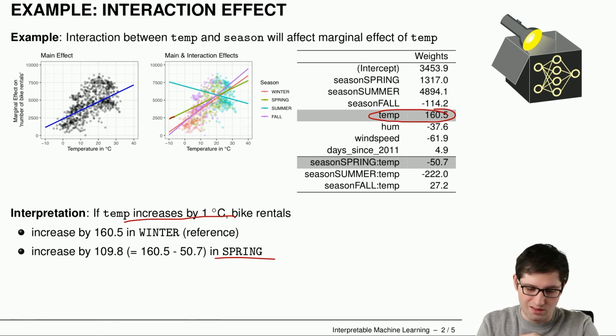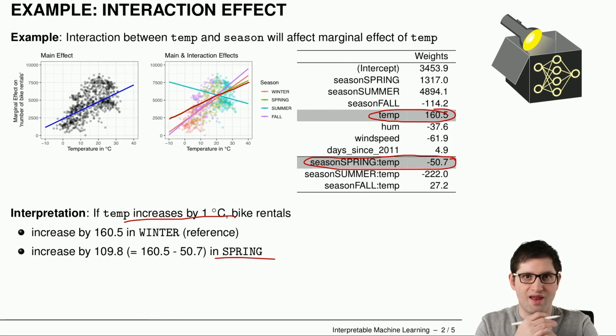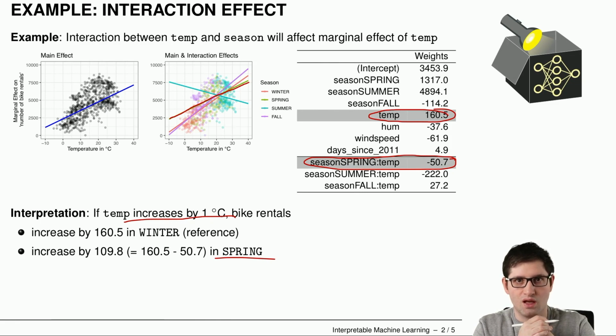For spring, the slope is a bit flatter, and we can see by how much flatter it is by looking at this part here, which is the estimated coefficient of the interaction of the season spring and the temperature.